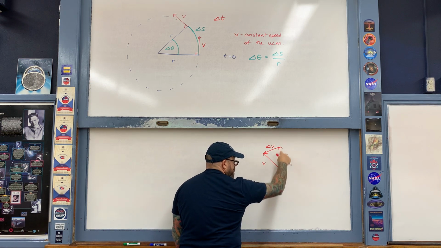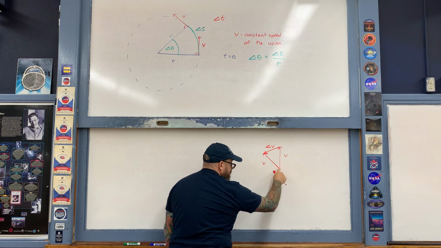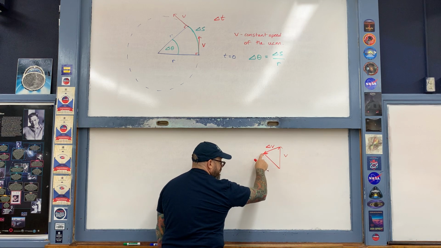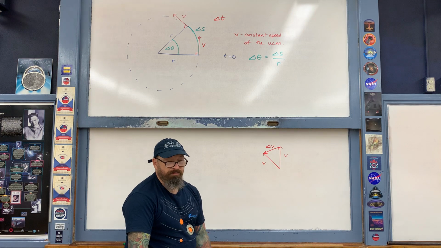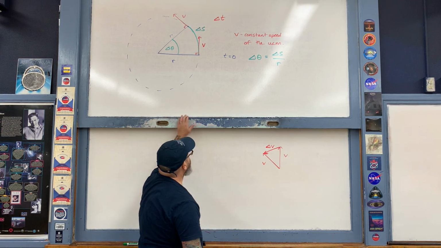Recall that initial plus change is equal to final. So if this is the initial velocity vector on the diagram above, this is the final velocity vector, this right here is the change in velocity vector, delta v. On the diagram above, that delta v vector looks like this.